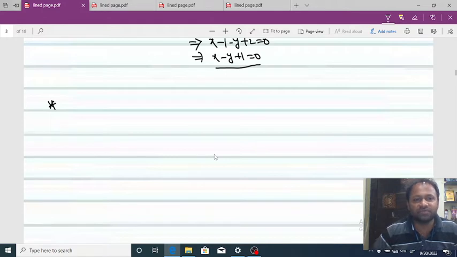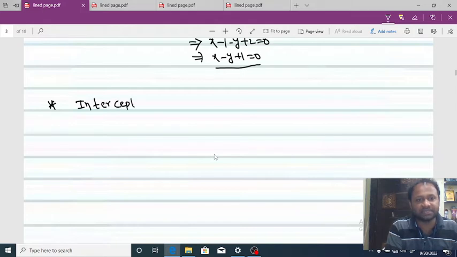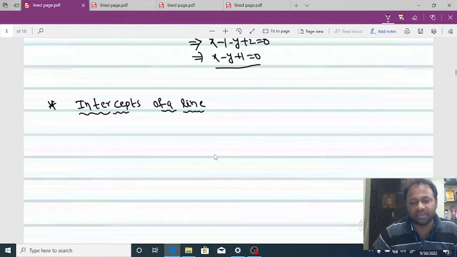Intercept form means, first of all, we need to know the intercepts of a line.